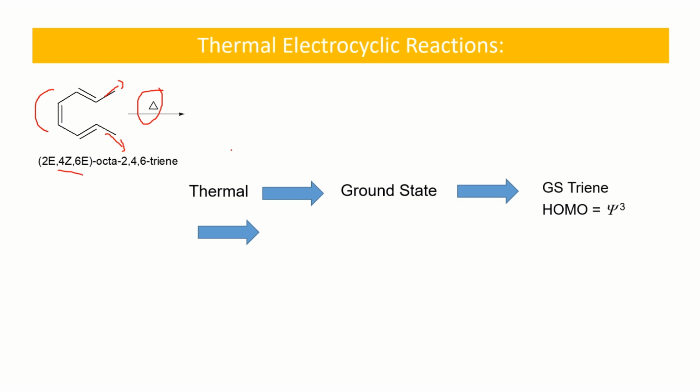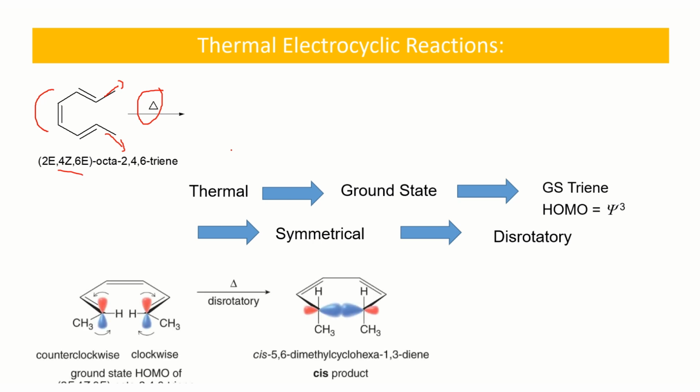Because psi3 is a symmetrical molecular orbital, the rotation has to be disrotatory. This is what the picture looks like. You can see that on rotation, both methyl groups are pointing on the same side of the ring.